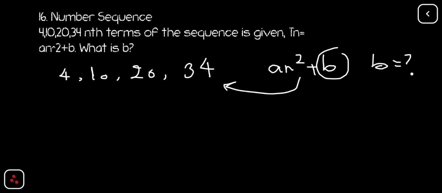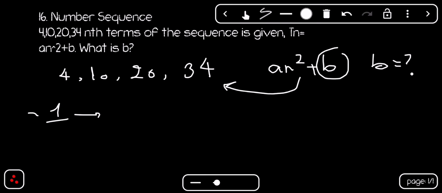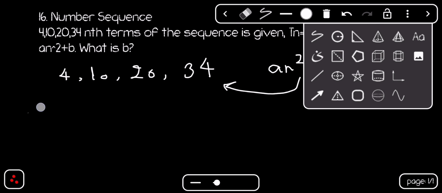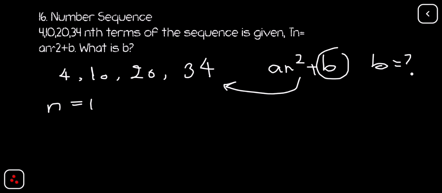It's easy. The first thing, we know that 4 is the first term. So for n equal to 1, for the first term, we can write a times 1 squared plus b is equal to 4.